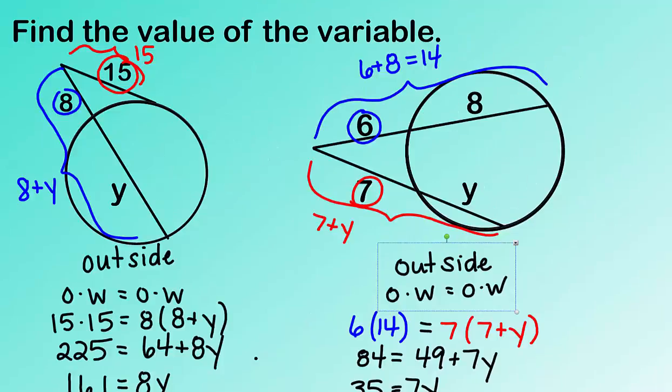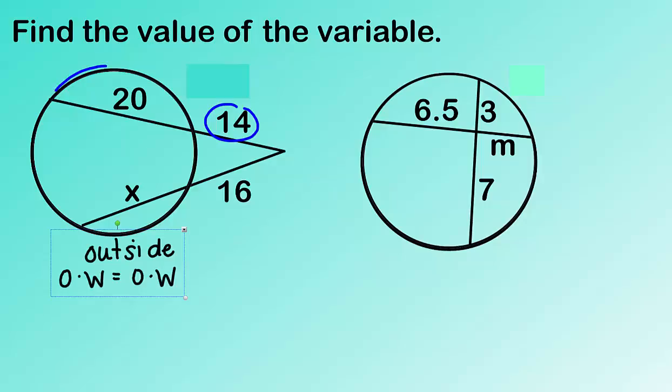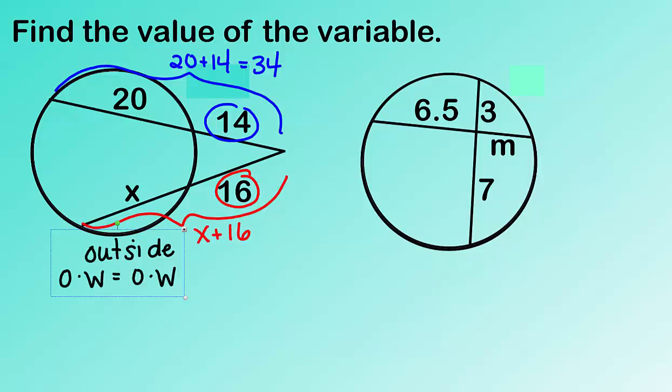Let's look at a few more examples. I have an intersection outside of my circle, so I'm going to use ow, ow, outside times whole, outside times whole.